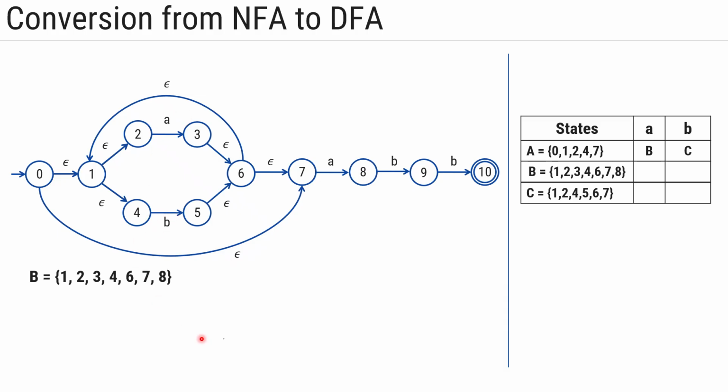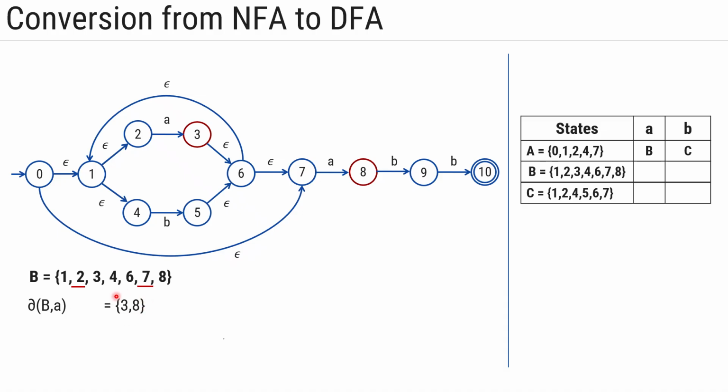For delta of B comma a, we can have a transition on a only from 2 and 7. So 2 on a will go to 3 and 7 on a will go to 8. So we have to include these two states.